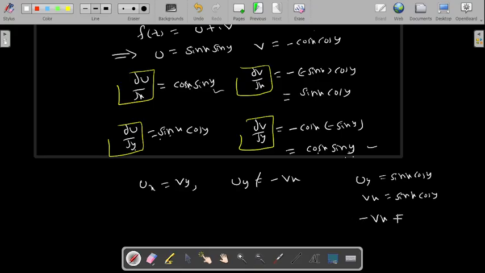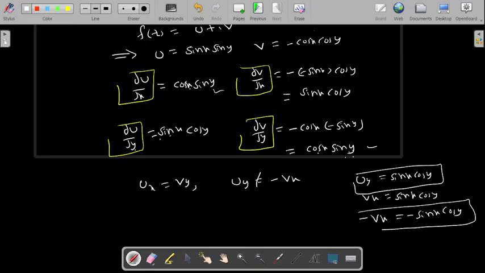If you multiply minus vx, minus sin x cos y. Okay, so now uy not equal to minus vx. This is uy, sin x cos y. This is minus vx, minus sin x cos y. Both are not equal, therefore uy not equal to minus vx.